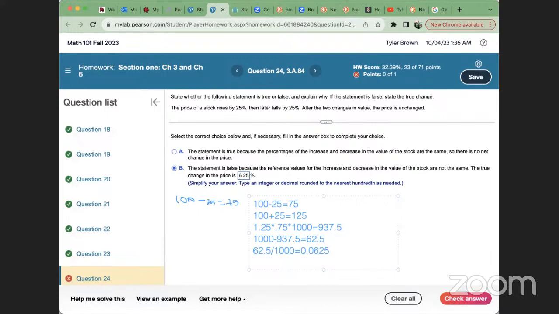And then 0.0625 times 100 is 6.25. And if you can see, I have that right here already. I've already done that. So I've done this process already. It said I was wrong.